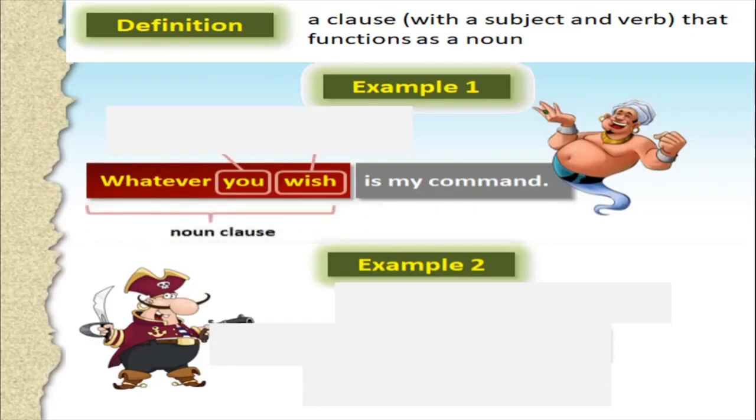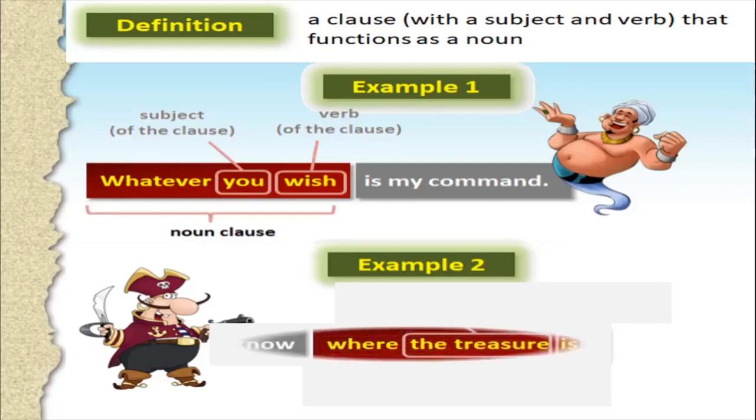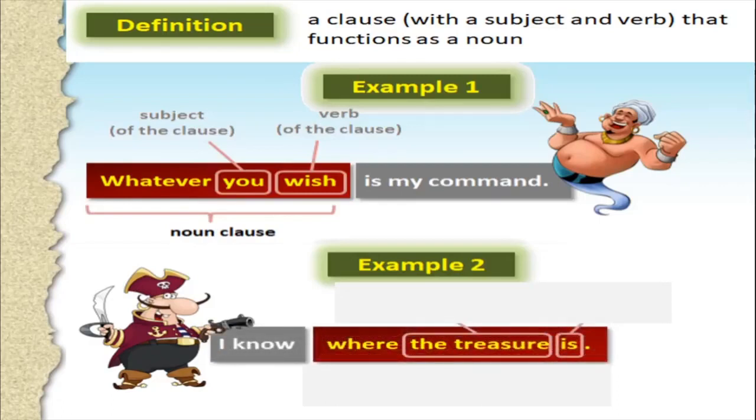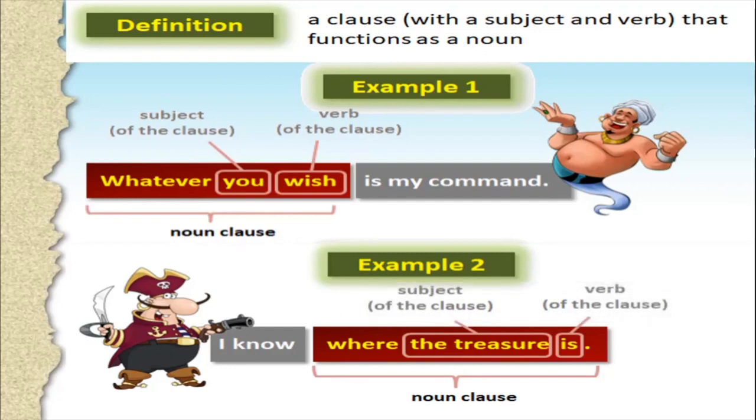Whatever you wish is the noun clause, in which we have the subject and the verb also. Now look at the pirate who says, I know where the treasure is. Where the treasure is here is the noun clause, and here the treasure is the subject and is the verb.